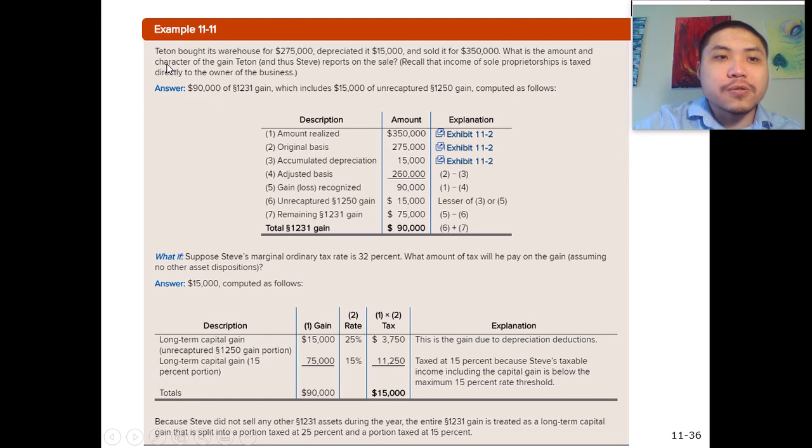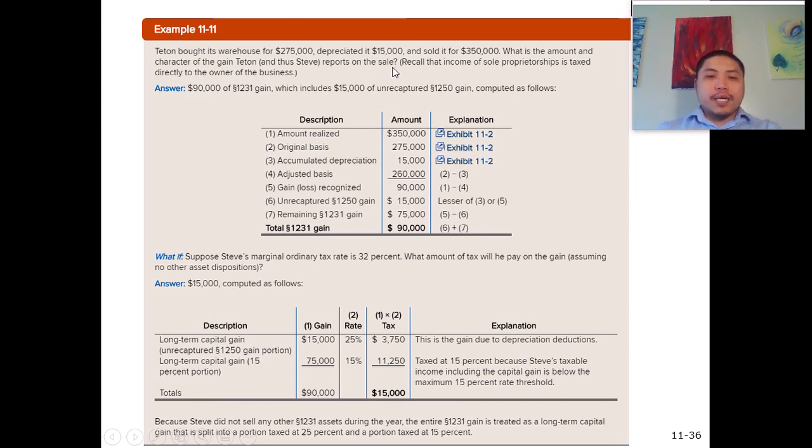Assume that Titan bought its warehouse for $275,000, depreciated it for $15,000, and sold it for $350,000. What is the amount and character of the gain that Titan and its owners report? Since this is a flow-through entity, what's the character, and what's the amount?